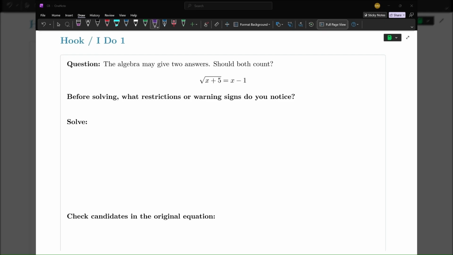The thing we see is the radical, and the radicand has to be non-negative. So x plus 5 has to be non-negative, so x has to be at least negative 5. If x is at least negative 5, we're probably happy with our answer.